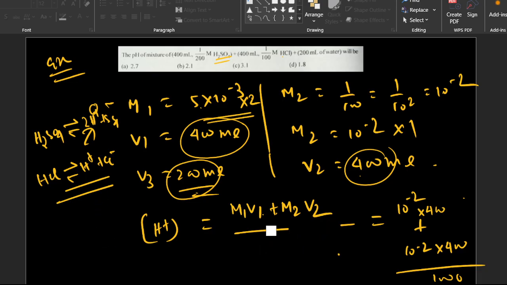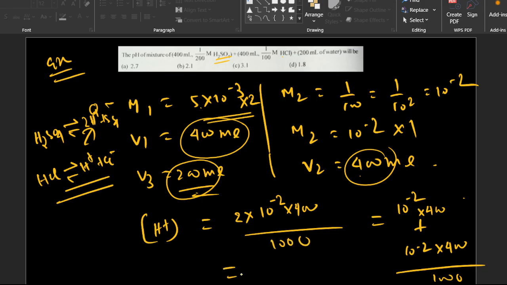So this will become, this value is the same. So what I will do, 10 raised to minus 2 into 400 divided by 1000, times 2.